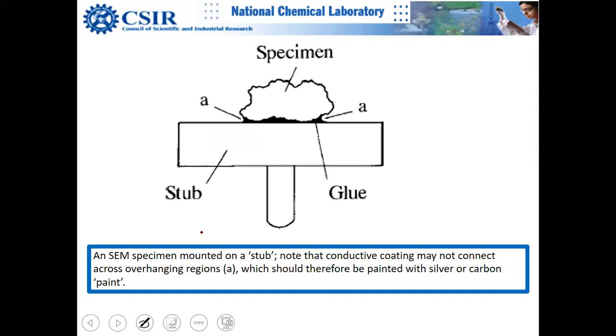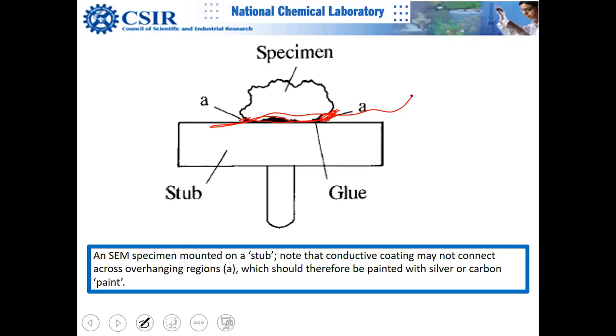That is where your contribution comes. If you want to minimize the charging, the contact area should be maximized. So you put silver paste here. But silver paste has a problem because it will leave residues on your sample in case you want to reuse it.